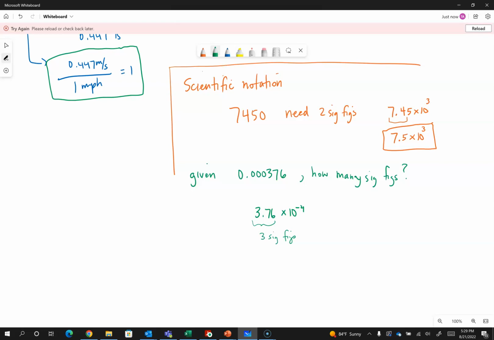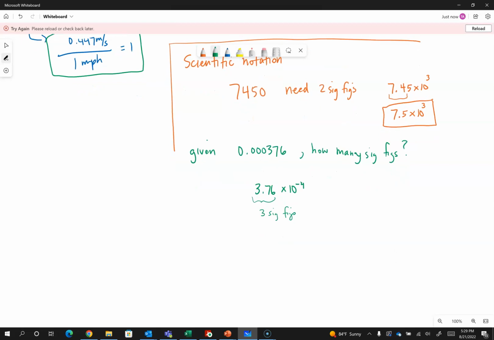When it comes to solving problems throughout the semester, wait until the end of a problem to round your numbers to the appropriate significant figures.